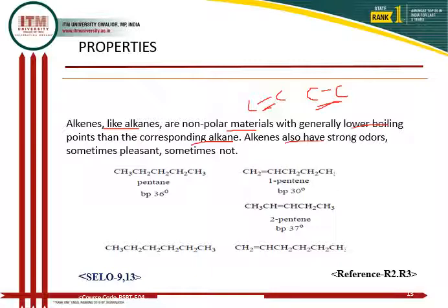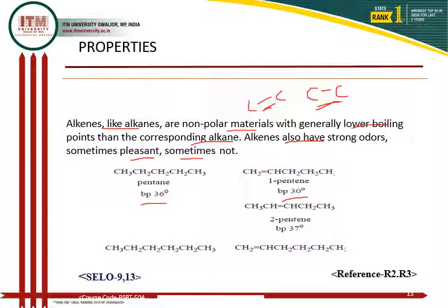Alkenes also have strong odors, sometimes pleasant and sometimes not. Here we can compare the boiling points of alkanes to alkenes. We have pentane. Pentane is the paraffin. It has the boiling point of 36 degrees centigrade, while if we talk about pentene, same number of carbon atoms.